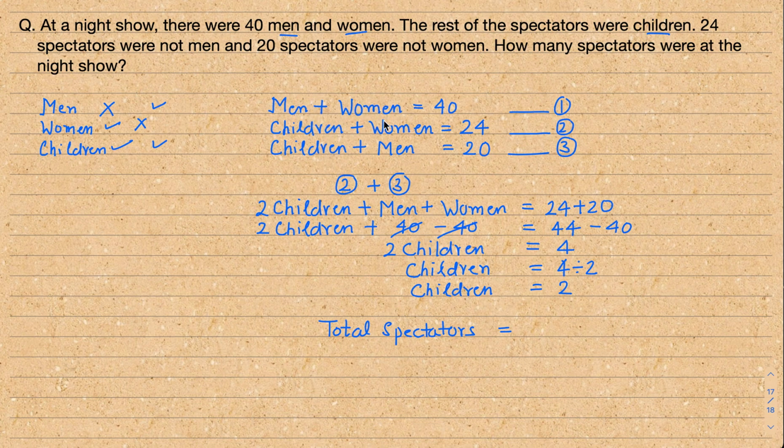We know that men plus women is 40, and children is another 2. So the total number of spectators will be 42. Let's write our final answer quickly: there were 42 spectators.